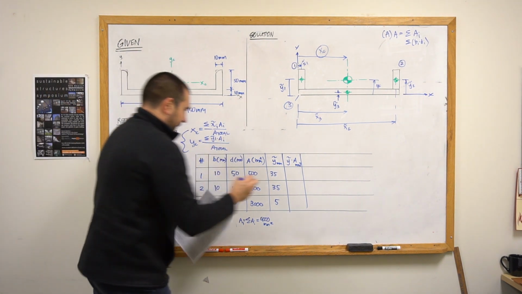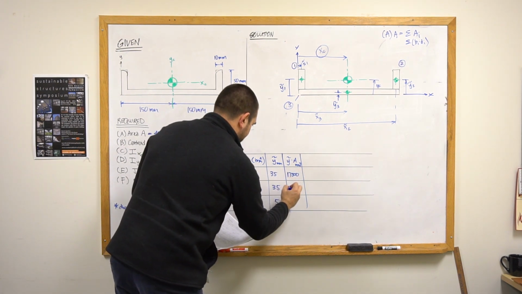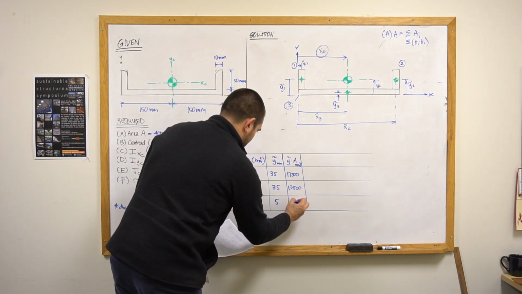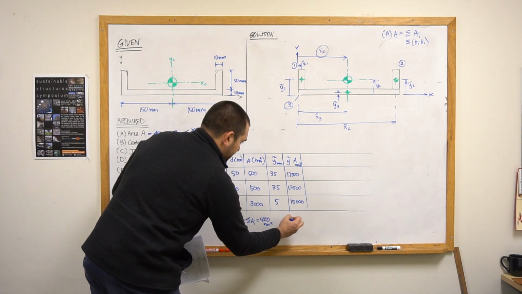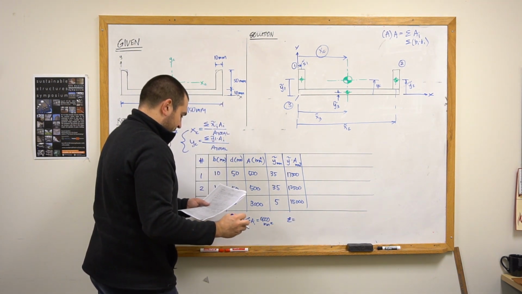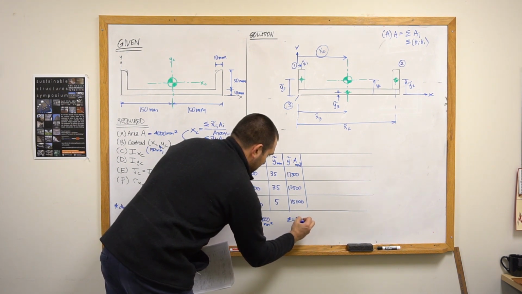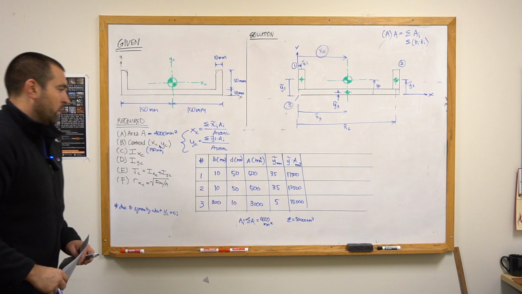So when I do that, I get 17,500, 17,500, and 15,000. And when I sum those up, I get 50,000 millimeters cubed.